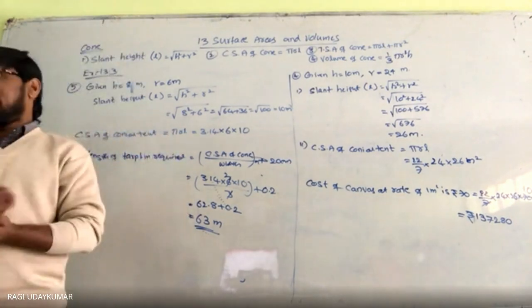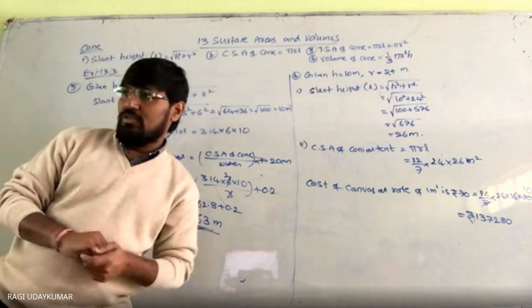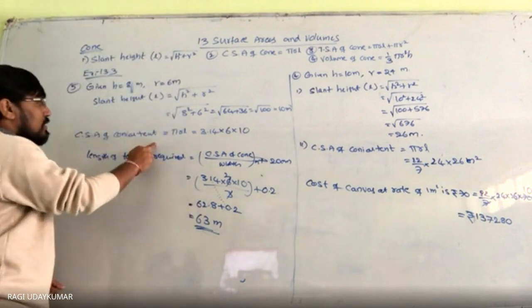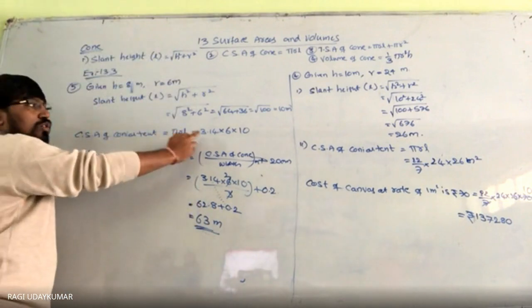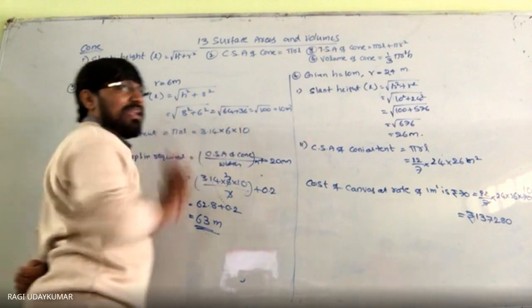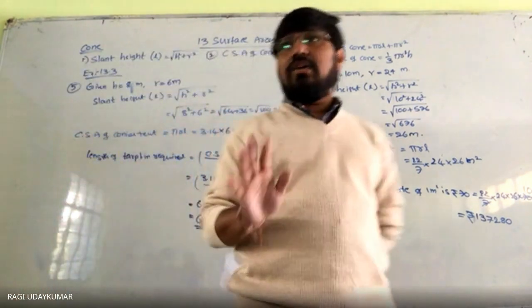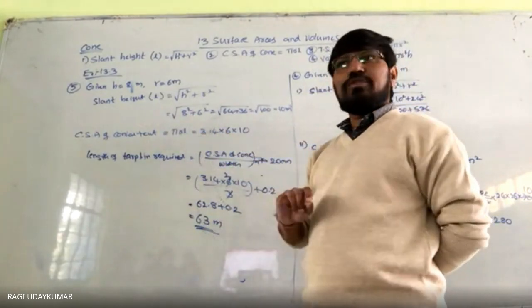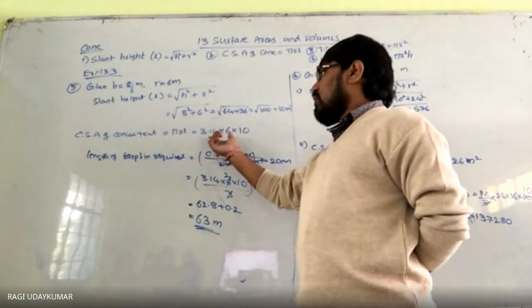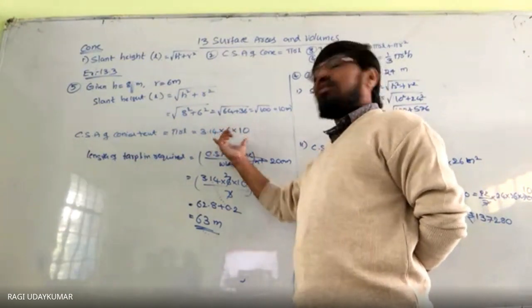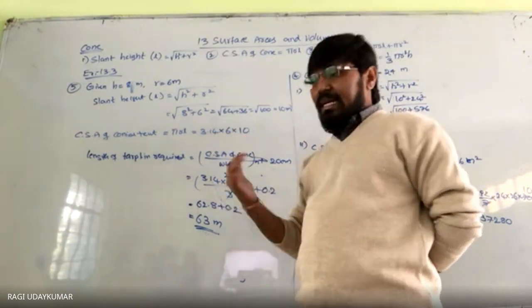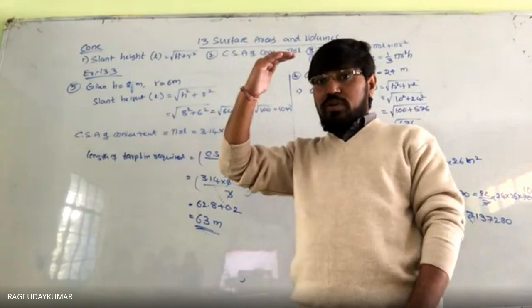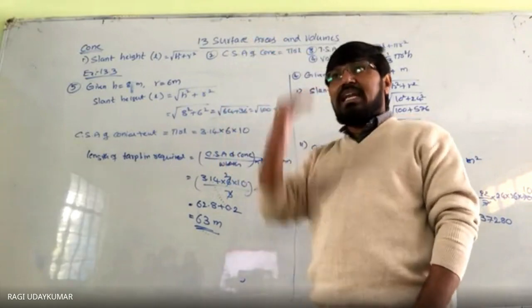So the curved surface area is needed to find out. So curved surface area of the cone is equal to pi r l. So 3.14 into 6 into 10, substituting pi r l. I did not simplify. Why? Because first if I try to multiply, you may get confused there. Because it is compulsory to divide by 3, so after that, leaving the extra part, the remaining part of the length you are going to get.